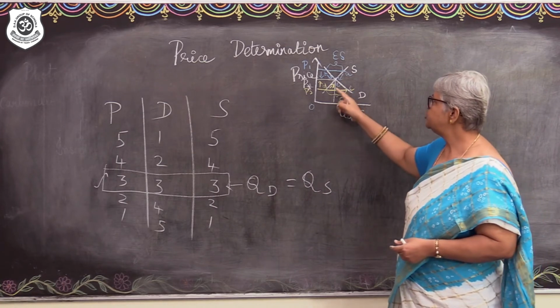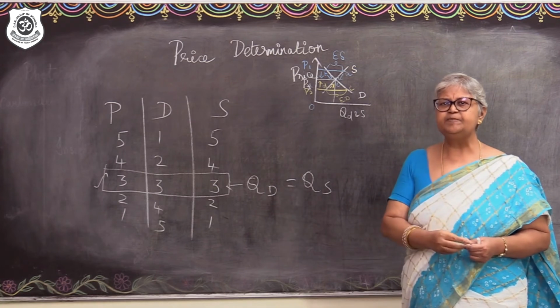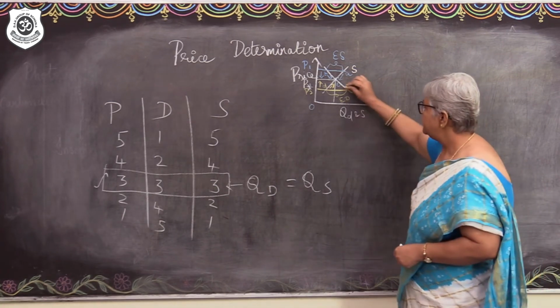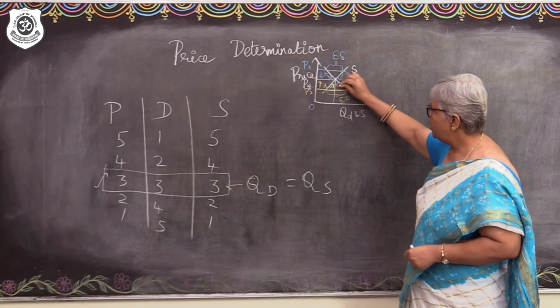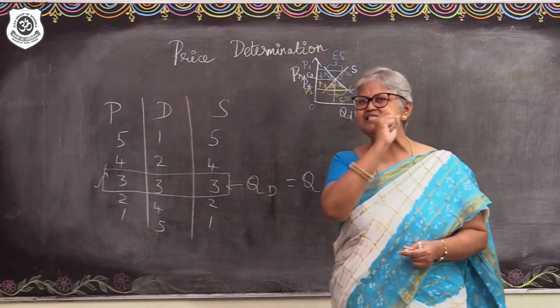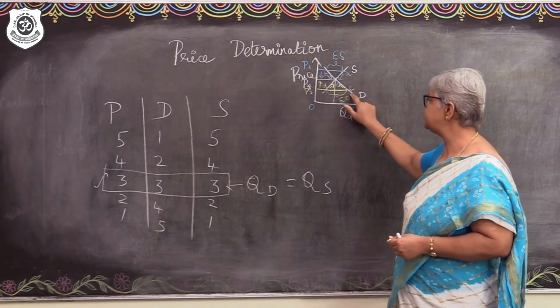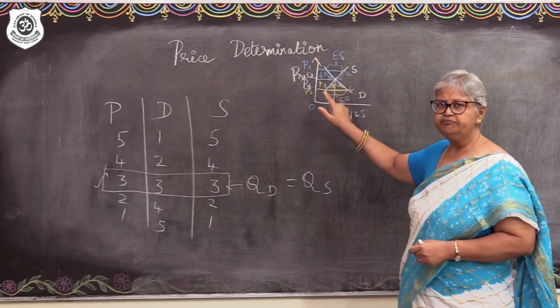And you see that when price increases, as per the law of demand, there would be a contraction, or the quantity demanded shrinks. So from point C, the quantity demanded might shrink back to E.